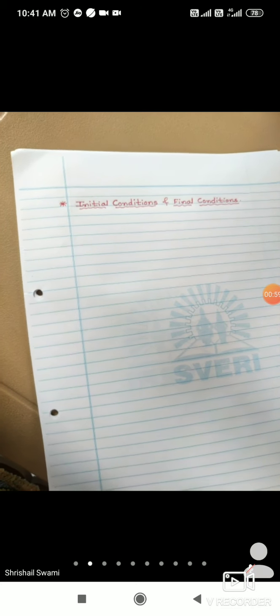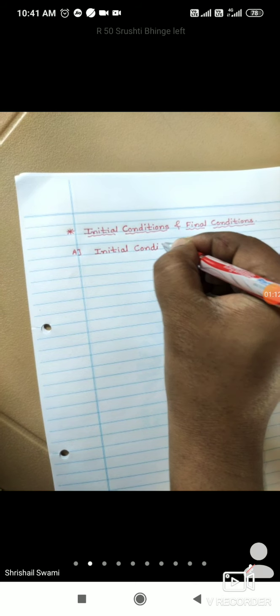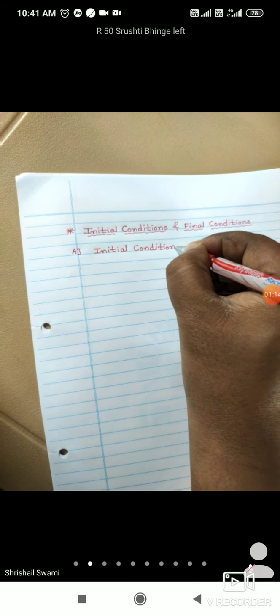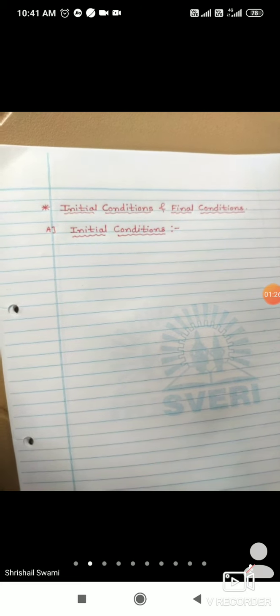According to some table, we can understand. First of all, we will consider the initial conditions. So this table will help a lot to understand the problems and the concept, and according to that we can solve the problems, because it matters whether the inductor is shorted or open.